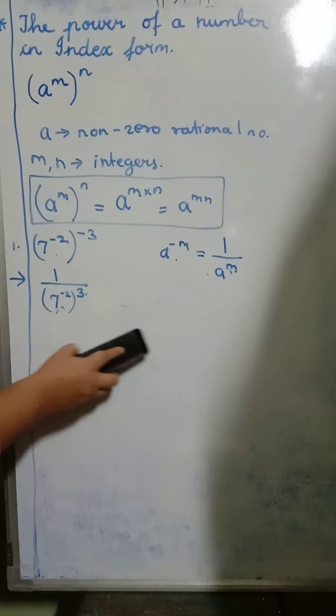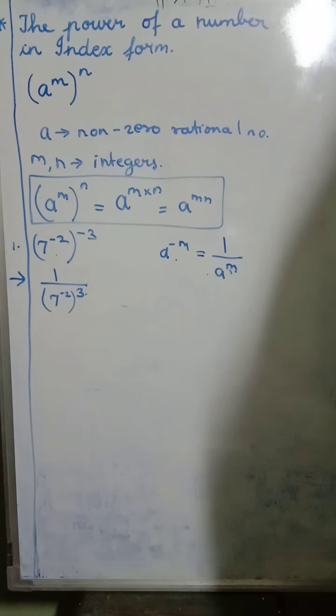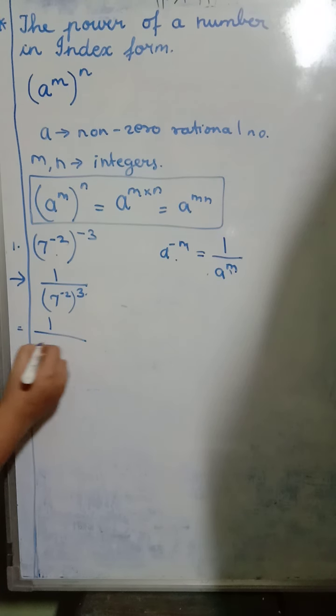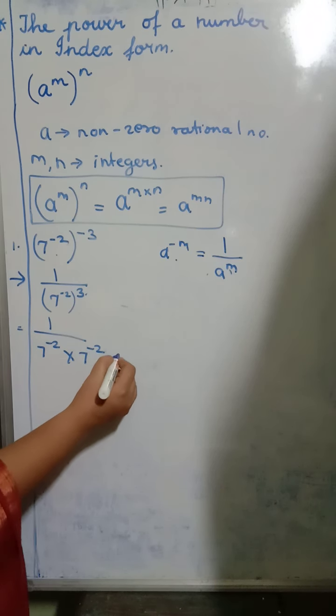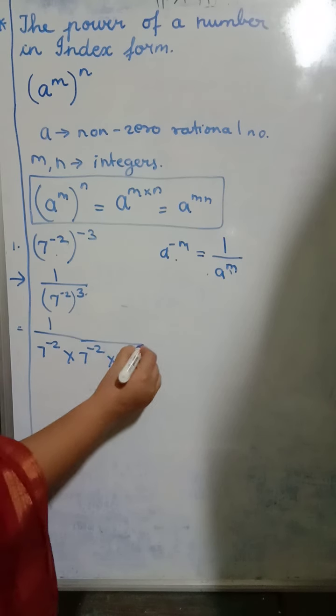Now what is this step telling us? That 7 raised to negative 2 is 3 times. 1 upon 7 raised to negative 2 multiplied by 7 raised to negative 2 multiplied by 7 raised to negative 2.